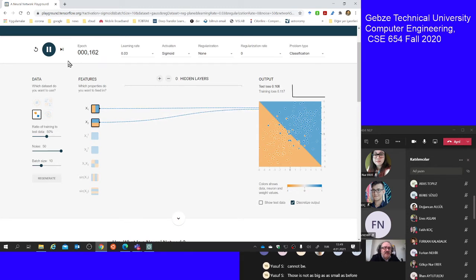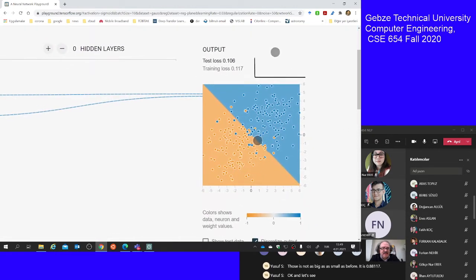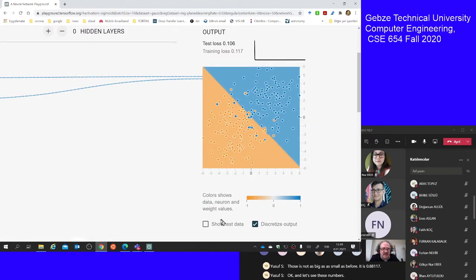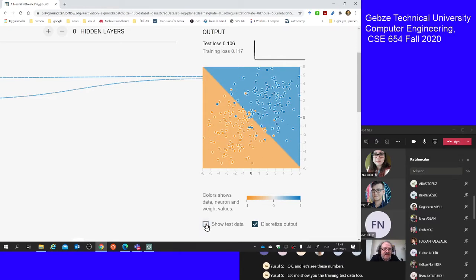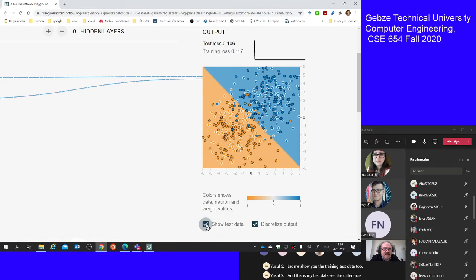It is 0.117. Let me show you the training and test data too. This is my test data. See the difference between test data and training data?